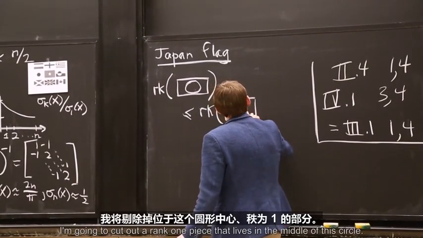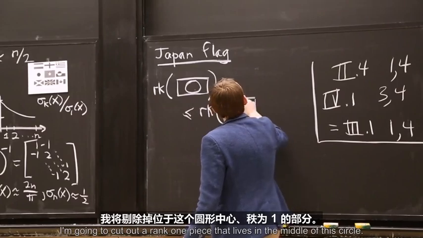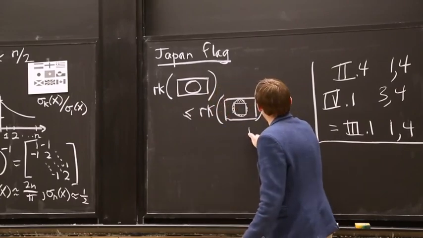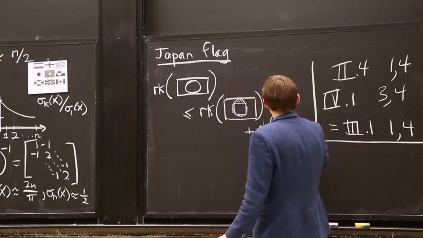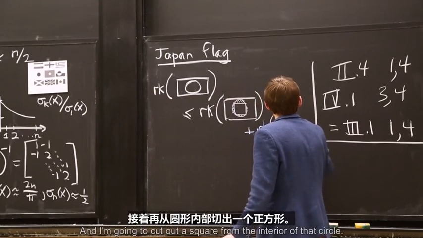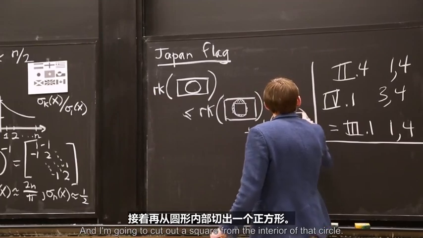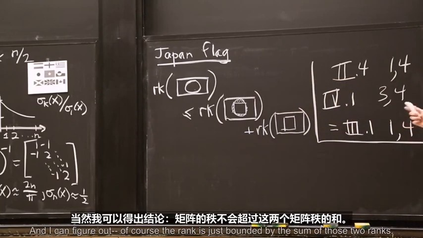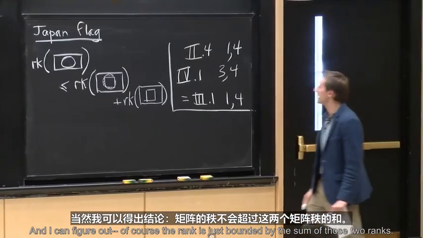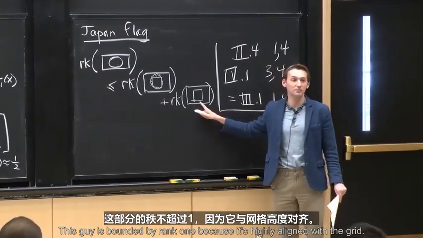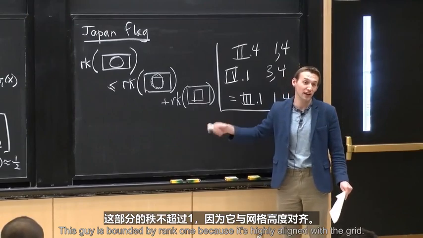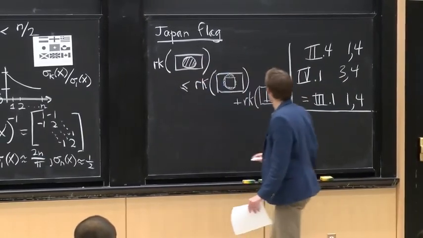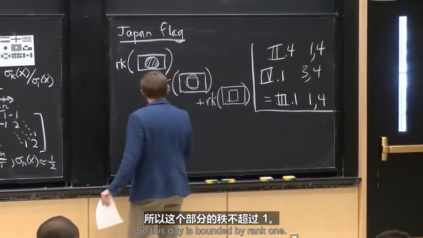I'm going to cut out a rank 1 piece that lives in the middle of this circle. Okay, and I'm going to cut out a square from the interior of that circle. And of course, the rank is just bounded by the sum of those two ranks. This guy is bounded by rank 1 because it's highly aligned with the grid.